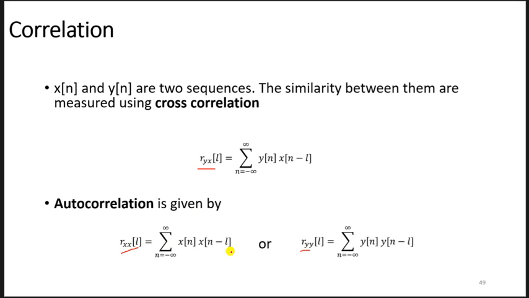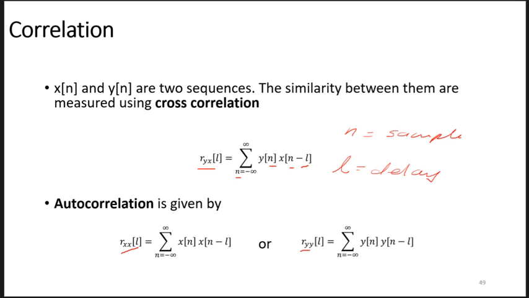Okay, so dia punya persamaan ni lebih kurang sama macam convolution. The only difference is, you have your L is dia punya delay. L is the delay, okay, and N adalah dia punya sample.